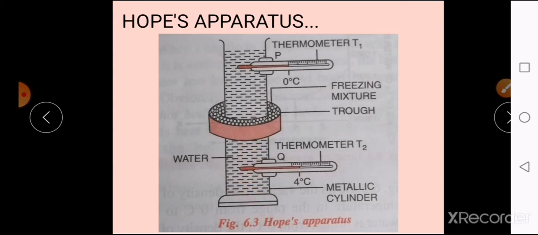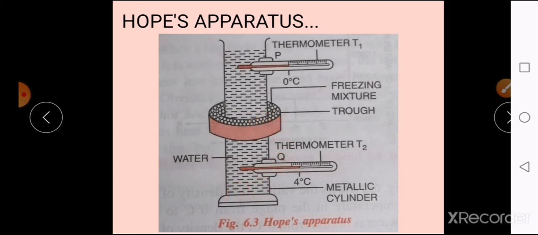One which is having more density will sink towards the bottom, and as a result the nearby water here, as the temperature changes, is going to contract and the density increases, and it will start coming to the bottom, and the less dense water at the bottom will start to go to the top.